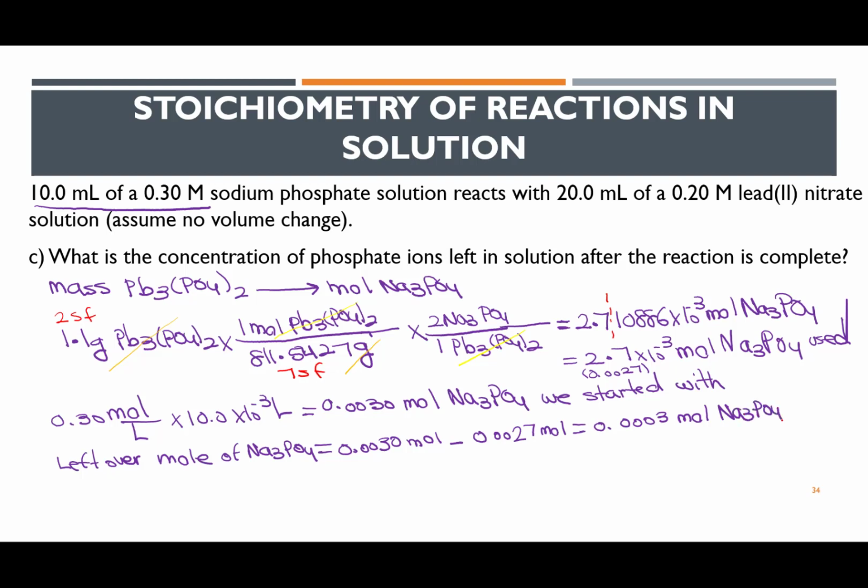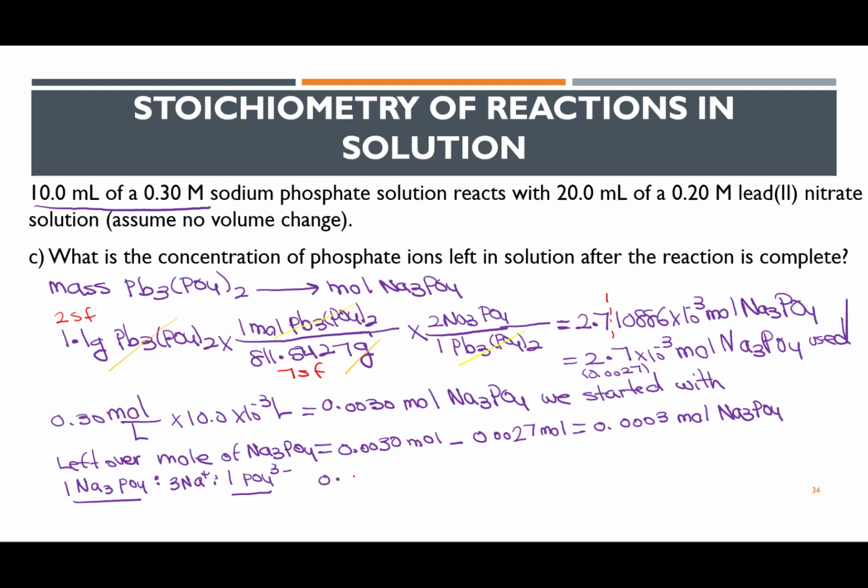Now the question doesn't ask us about the moles of sodium phosphate, it asks us about the concentration of phosphate ion. Based on this chemical formula, 1 mole of sodium phosphate is proportional to 3 moles of sodium ion and 1 mole of phosphate ion. These are the two that we care about, which is a 1-to-1 ratio.